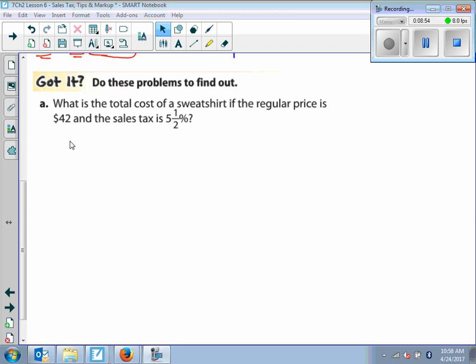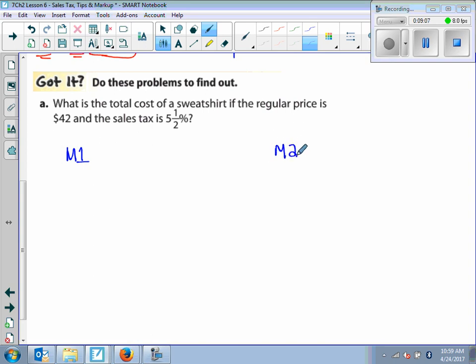All right, so for the got it, it says, what is the total cost of a sweatshirt if the regular price is $42 and the sales tax is 5.5%? So for method 1, we're going to do both methods. I'll put method 1 here, and we'll do method 2 over there, okay? So the first thing we want to do is write our what number is questions, right?